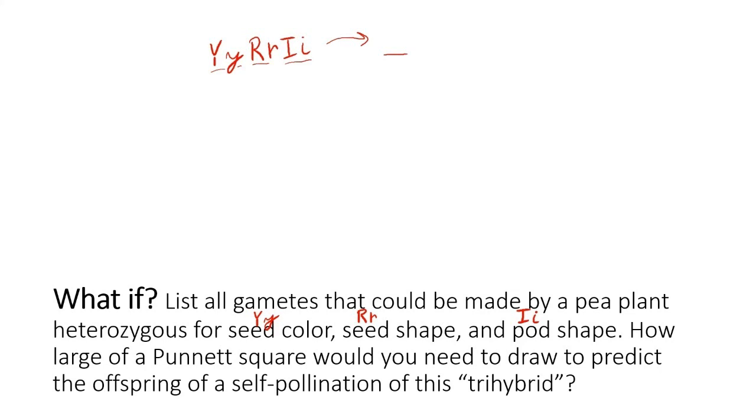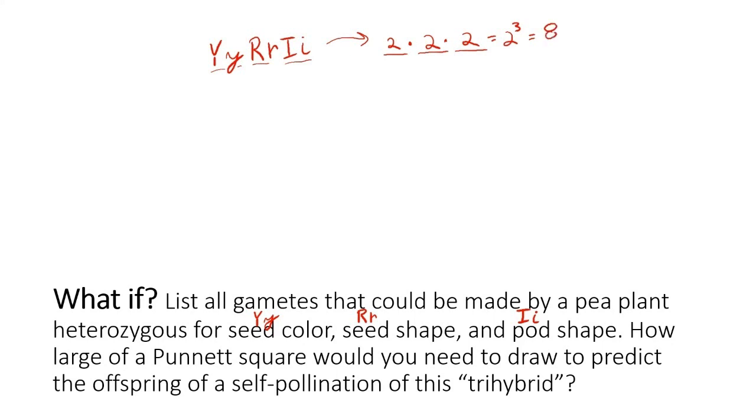So they're going to have 3 alleles at the end, one of each type, for which there is 2 possibilities for the first one, capital Y and lowercase y. There are 2 possibilities for the second allele, and there are 2 possibilities for that third allele. That is equal to 2 cubed, which is equal to 8 different possibilities.